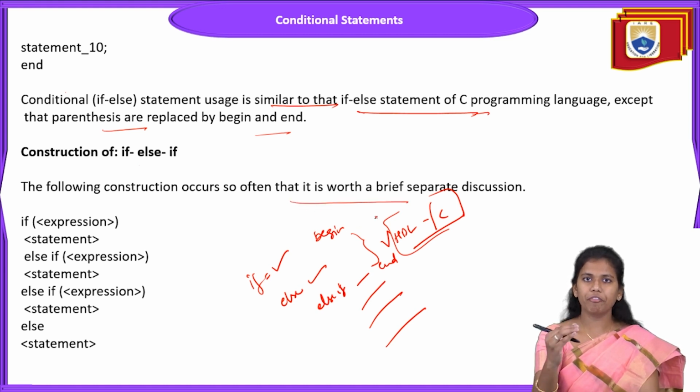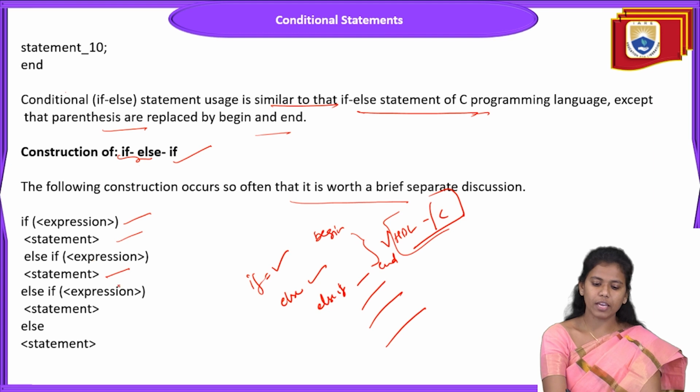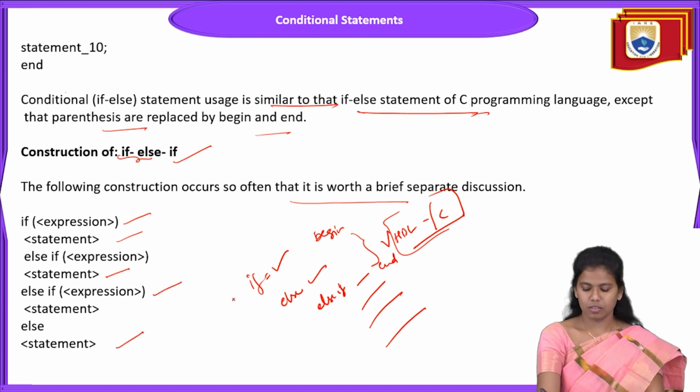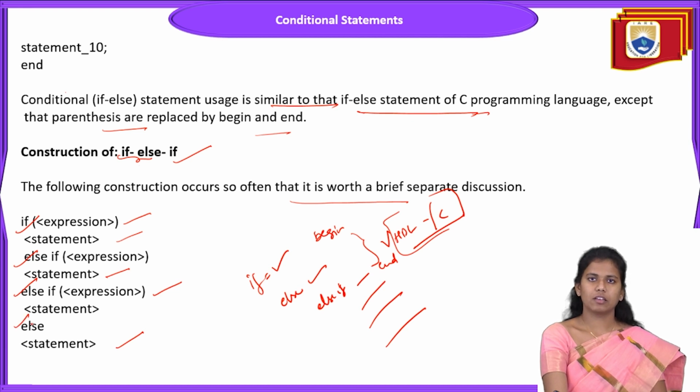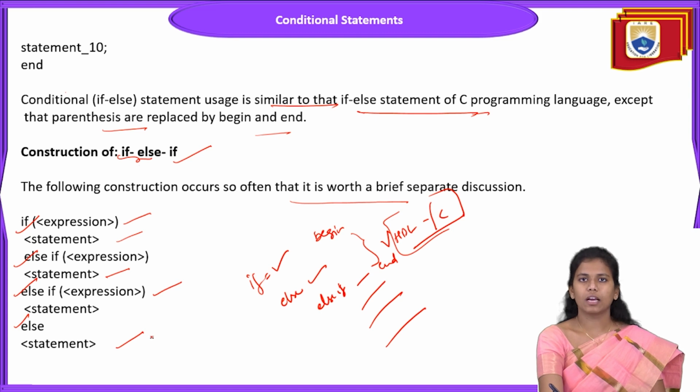So here if else is followed again with if, and it goes on with else if statements and else. That is how the expressions would be considered as per the condition.